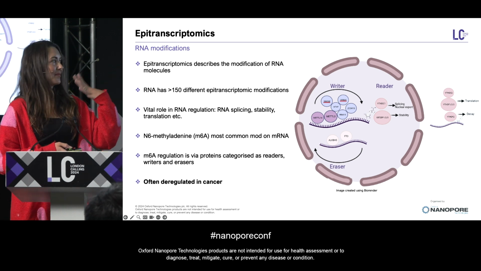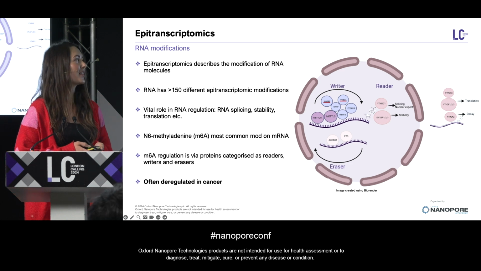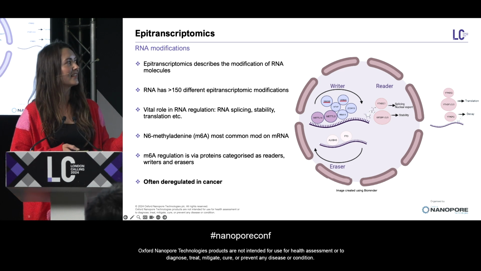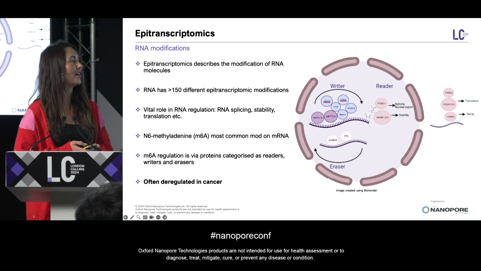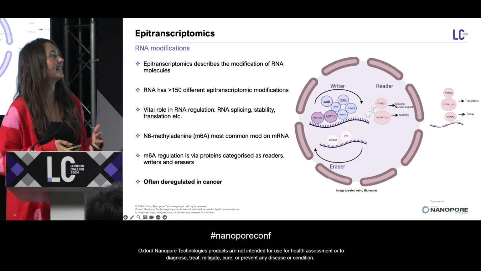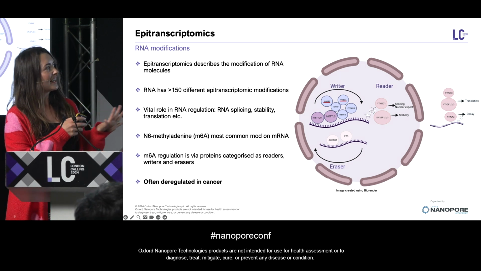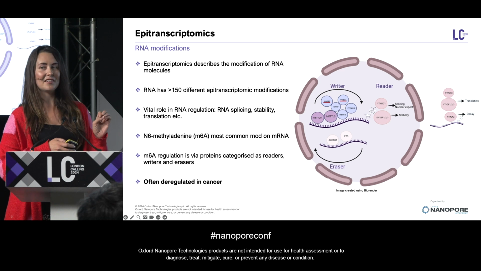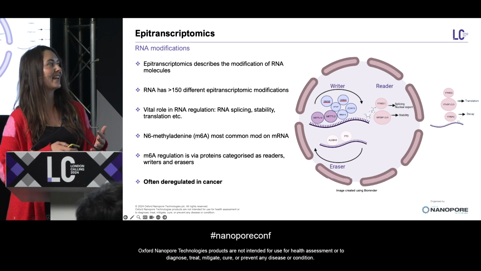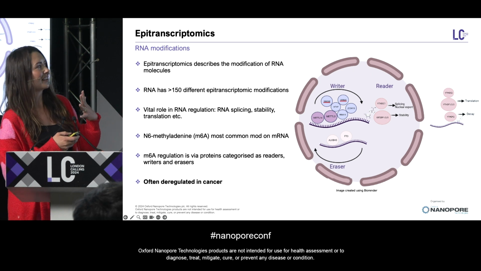So over here in my figure, there are the writers, which catalyse the m6A mod on the mRNA. And METTL3 plays a major part in that, along with some of the other supporting proteins. What determines the fate of the mRNA with the readers is very context-specific.